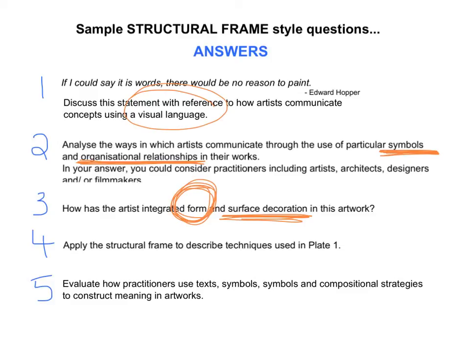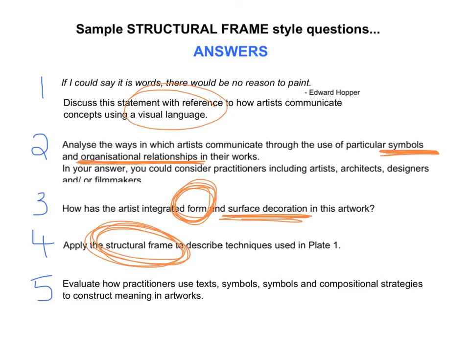Alright. Question 4. Apply the structural frame to describe techniques used in plate 1. Well, talk about giving you the answer. Structural frame. If you missed that, you need to listen to this video tutorial again. And question 5. Evaluate how practitioners use text, signs, I guess that should probably be signs.